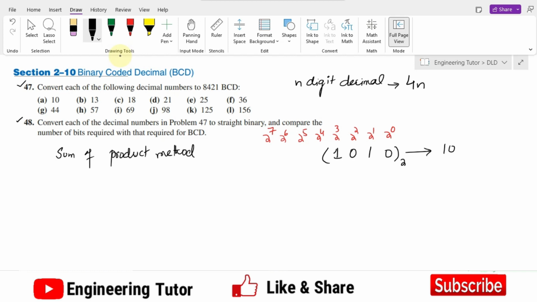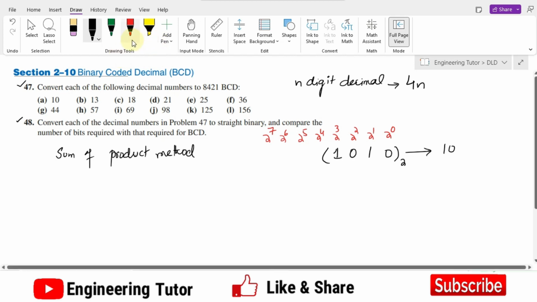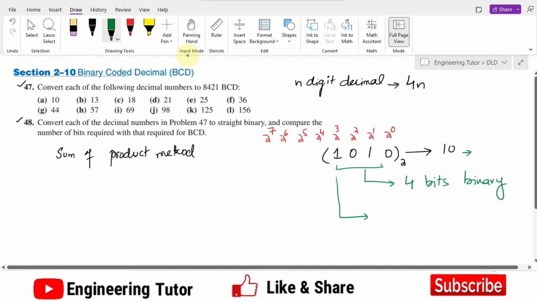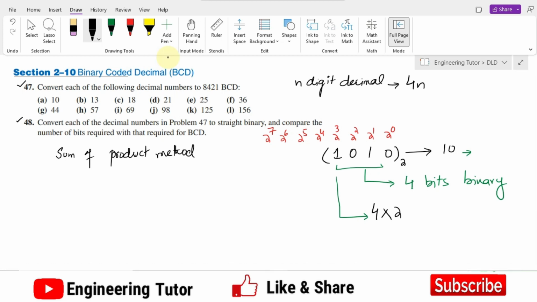So for binary here I can see that it needs 4 bits. And here I have 2 digits, so 4 multiplied by 2 is how much?